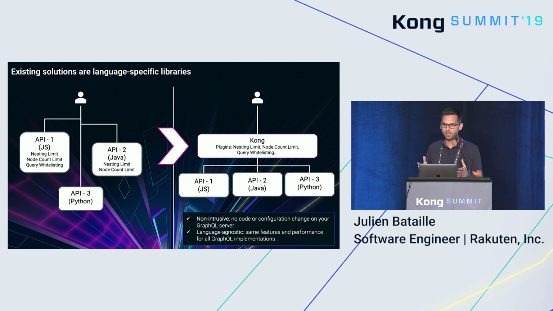As for REST APIs, like we are used to doing, we want to move all the implementation of those security policies or usage policies into the gateway. The benefit of this is that it gives us the opportunity to enforce the same policies across all our GraphQL servers, whatever the implementation of the upstreams.